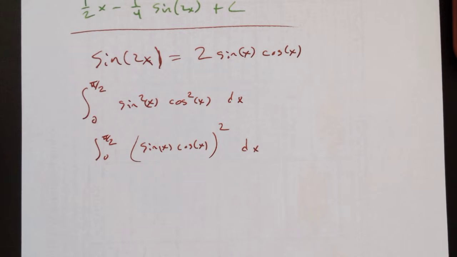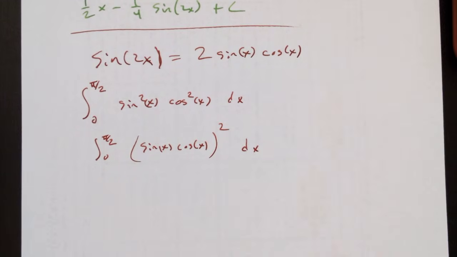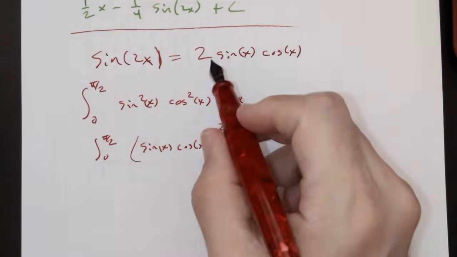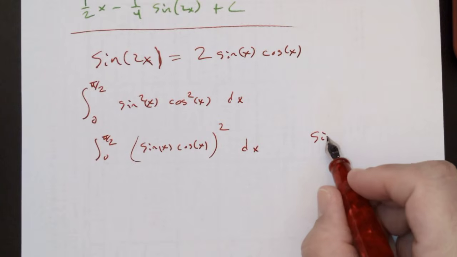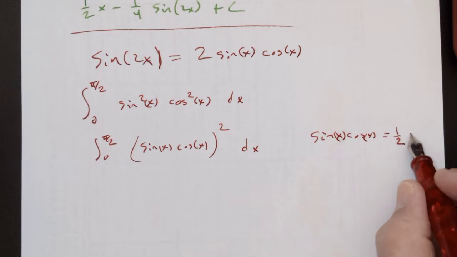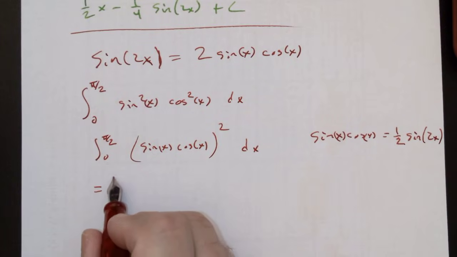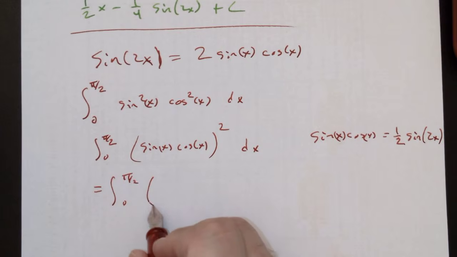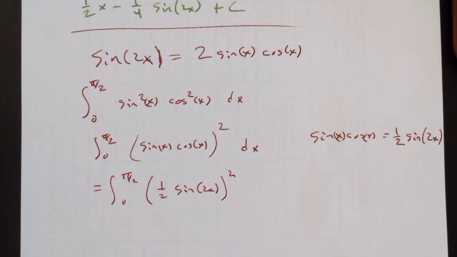So now I look at this. Be careful. I bring that 2 to the other side of this first. Sine x cosine x is 1/2 sine 2x. Which makes this 1/2 sine 2x squared.